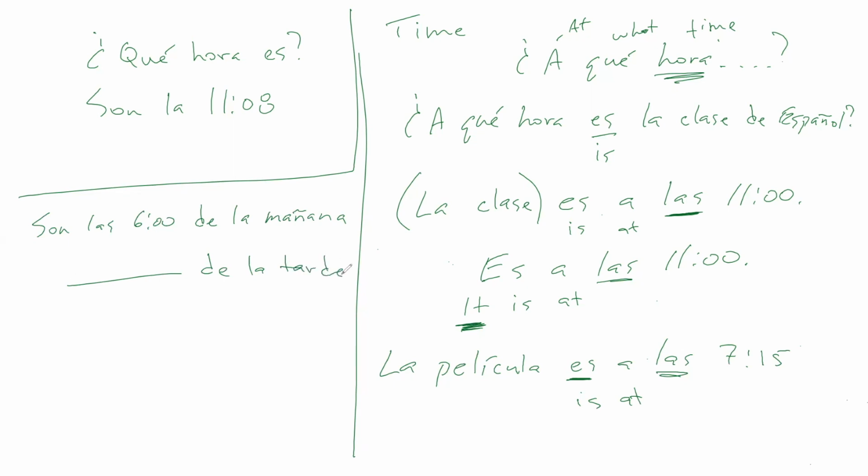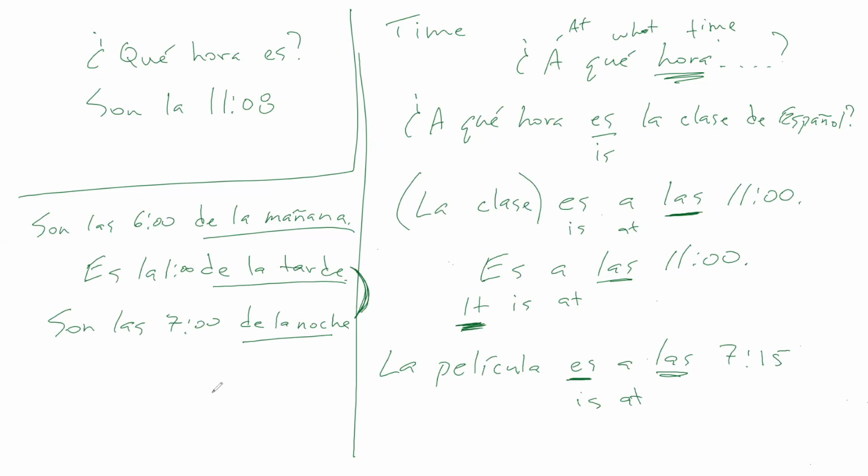So, right, we could do something like es la una de la tarde. And then in the evening or at night, we could have like son las 7 de la noche. Okay, so we have de la mañana, de la tarde, de la noche. And when it switches from afternoon to night, more or less 6 o'clock, not a set time. Maybe after 6 would be de la noche, before de la tarde, but not really a set time there.